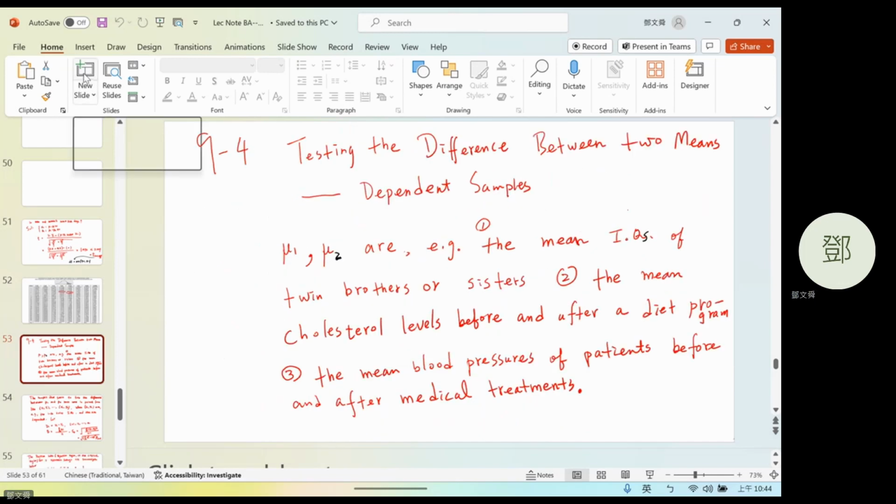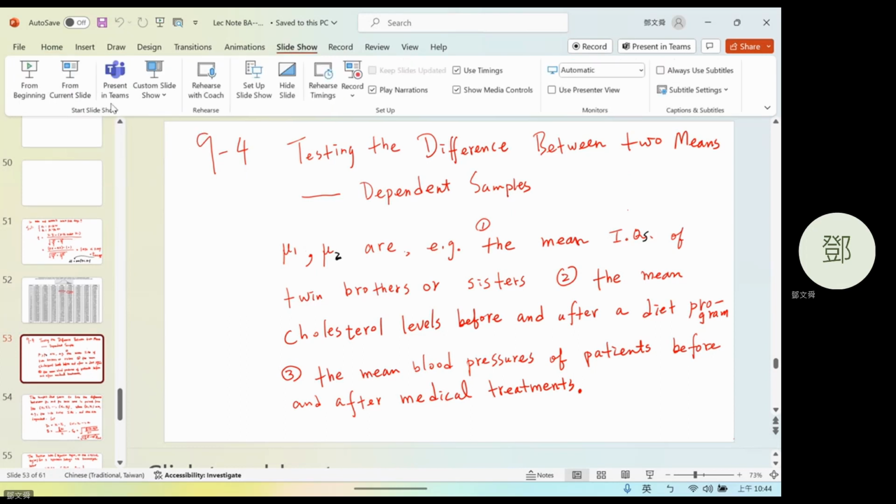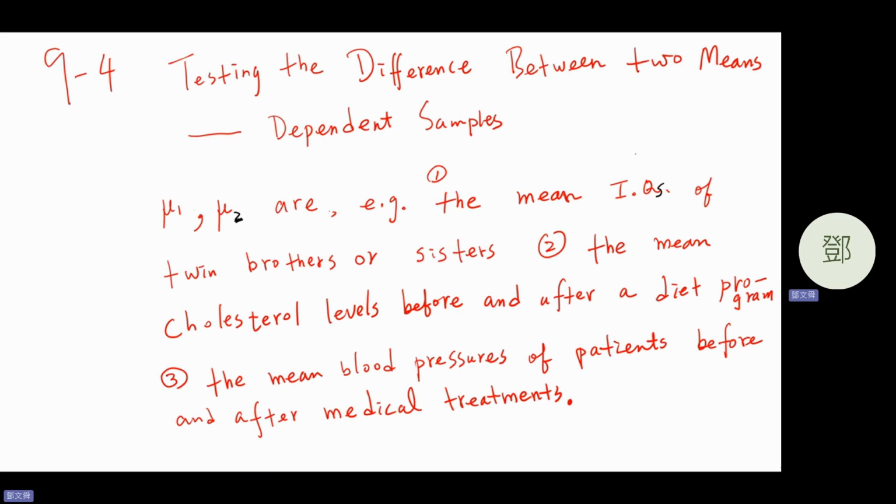Now let us go to the next new subsection, 9.5: Testing the difference between two means with dependent samples. Suppose mu1 and mu2 are the mean IQs of twin brothers or sisters.